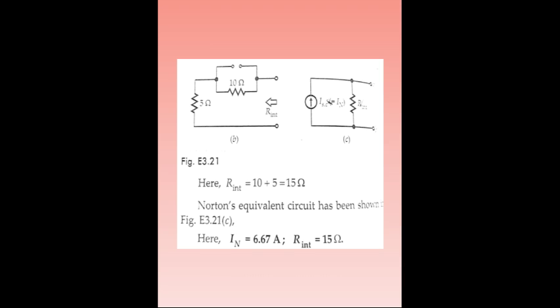So the value of Rn is 10 plus 5, that is 15 ohm. Now the Norton equivalent circuit consists of a current source of 6.67 ampere and an internal resistance of 15 ohm as shown in the figure.